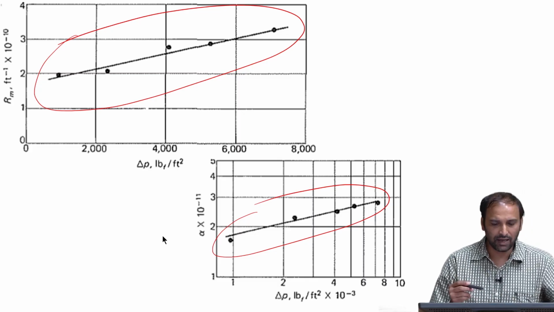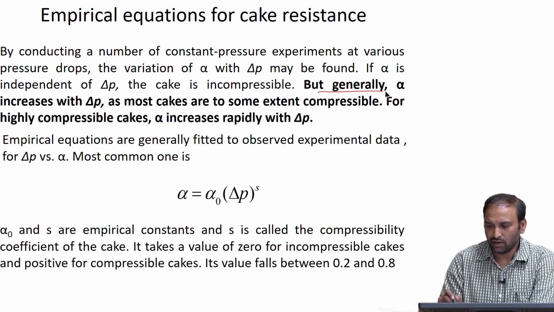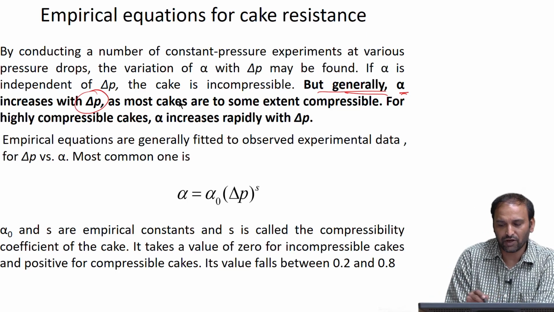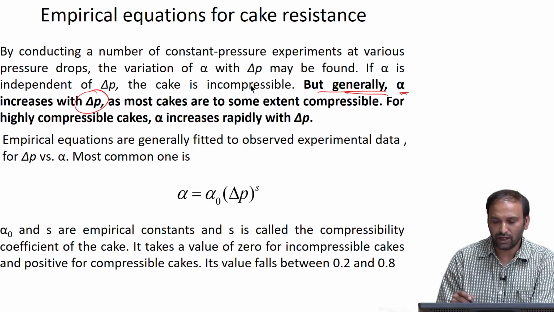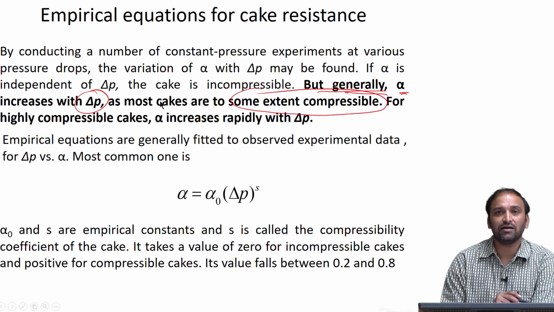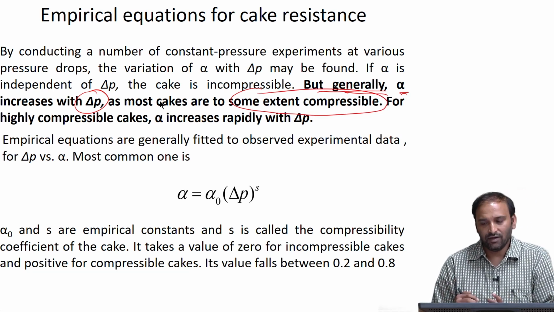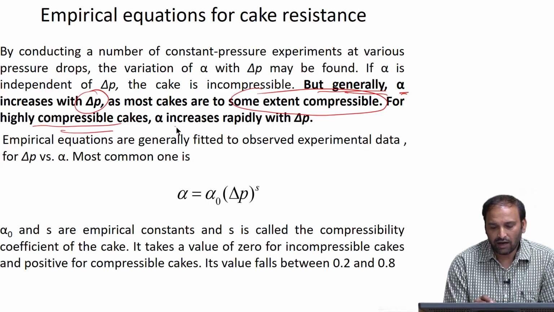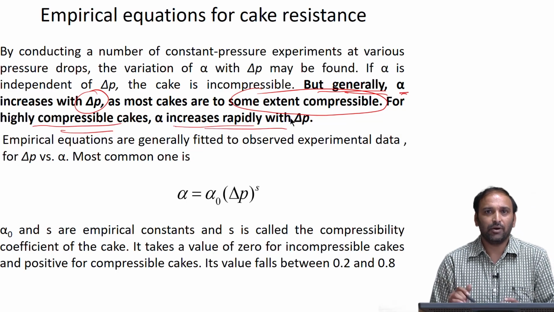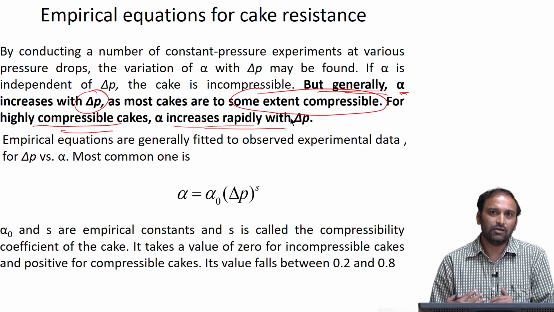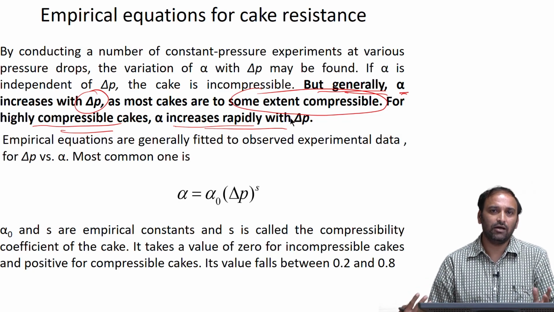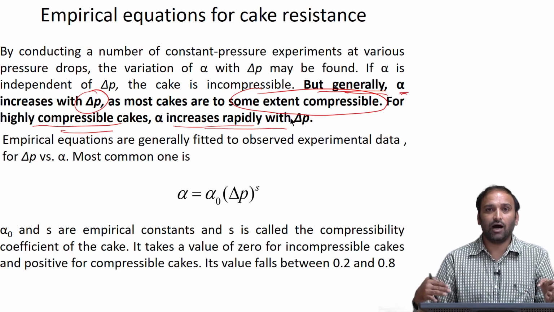The point I want to make is that in general alpha can increase with delta P because most of the cakes that people deal with are to some extent compressible. Whenever you have a compressible cake, you will have alpha varying with delta P. For a highly compressible cake, alpha increases very rapidly with delta P, but there could be cases where the variation is not that steep, and you could also have cases where alpha is constant.